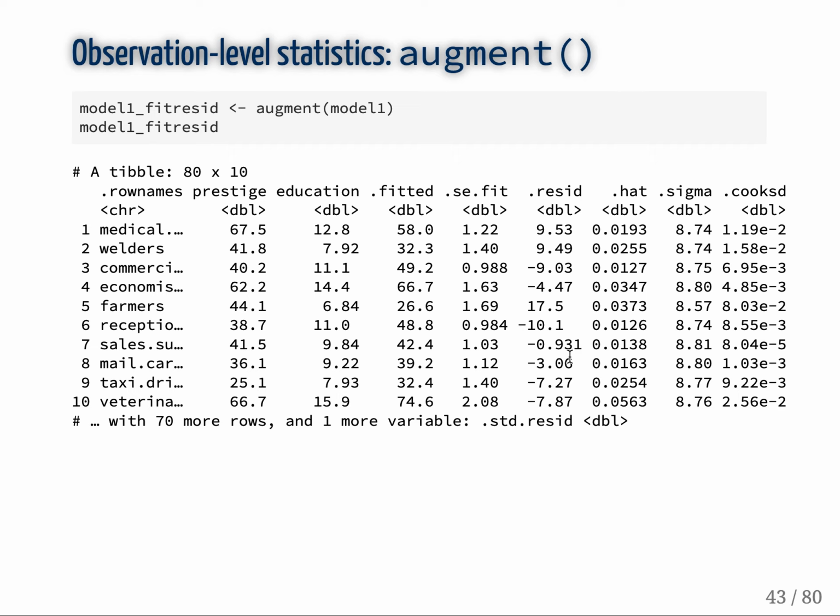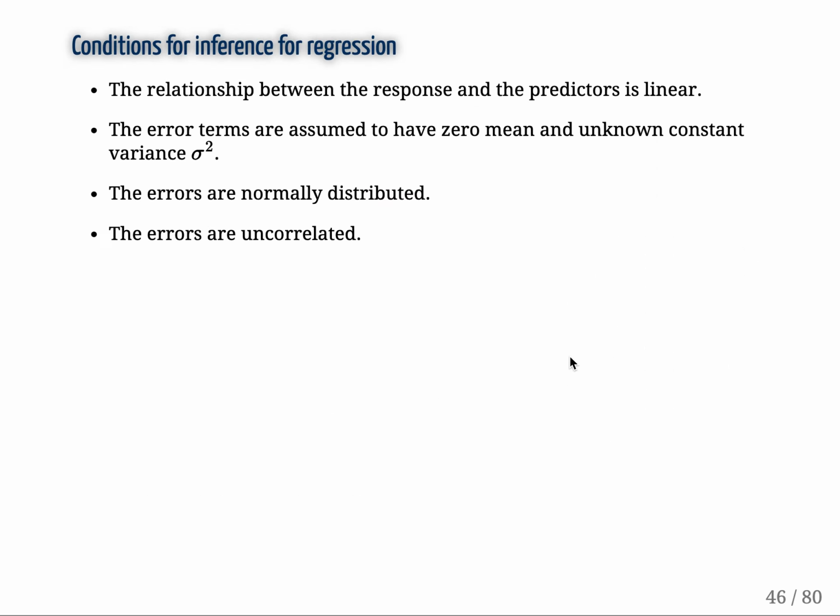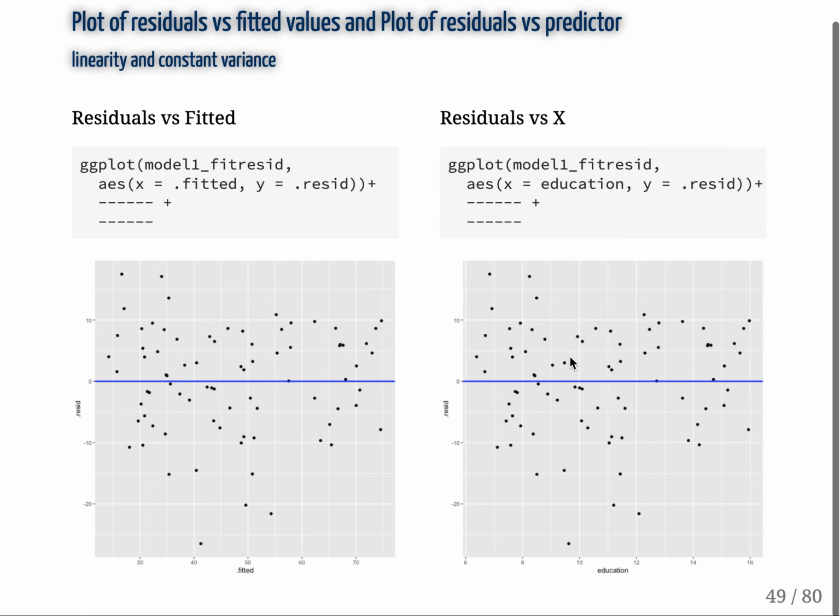So I can use this as the input to the ggplot function. My x variable is .fitted, y variable is .resid. In order to obtain this graph, you need to complete the next two lines. So basically you need to add a point layer, geom_point, as well as another geometric layer in order to specify this horizontal line.